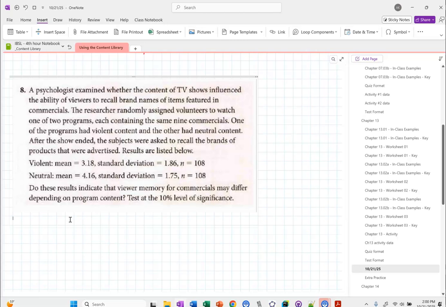Whether it's one sample or two sample, I have to read, but I know it's a t-test. How do I know? Because I'm given means and standard deviations. I will not be given that otherwise. I have to be doing some kind of t-test if I have means and standard deviations. Everybody's okay?